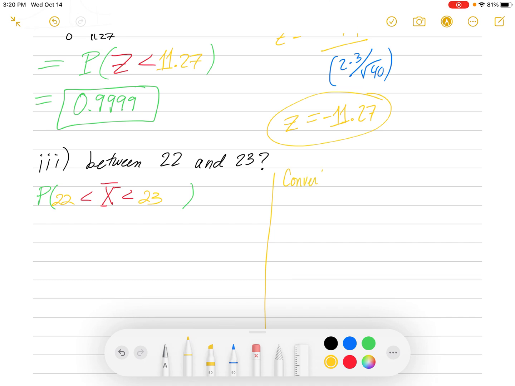So first I'm going to have to convert the X bar of 22 to a z-score. So we're going to use the formula, right? Z equals X bar minus mu divided by sigma over the square root of n.